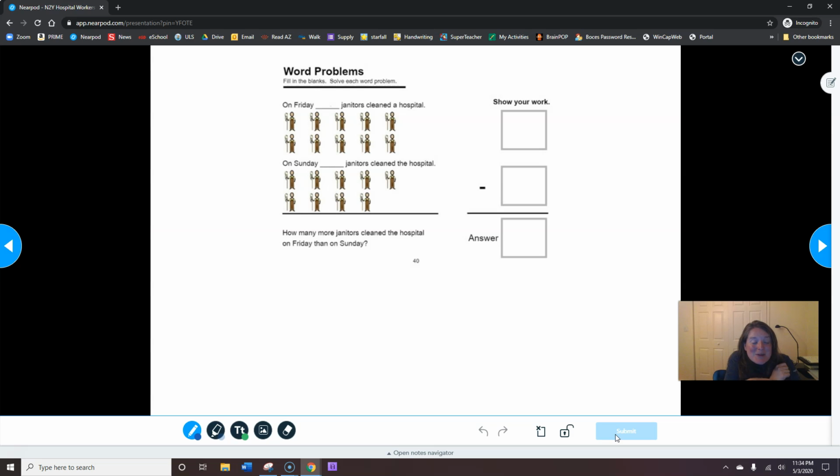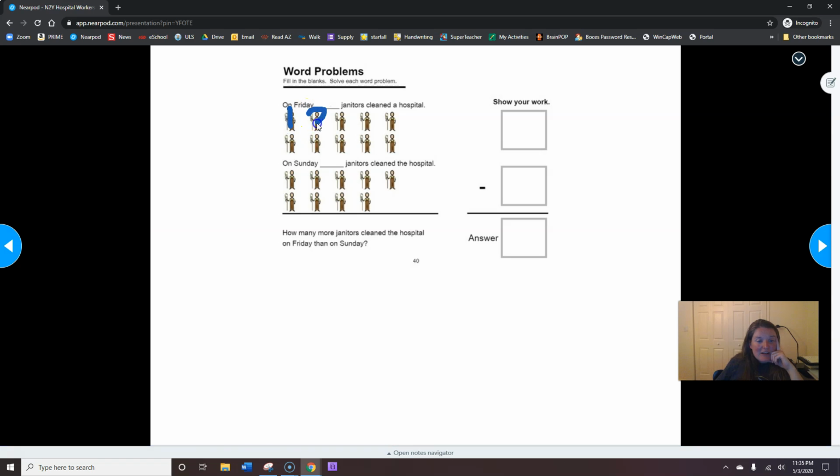And we're on our last problem. Oh my goodness. On Friday, blank janitors cleaned a hospital. So I need to label them first. 1, 2, 3, 4, 5, 6, 7, 8, 9, 10.